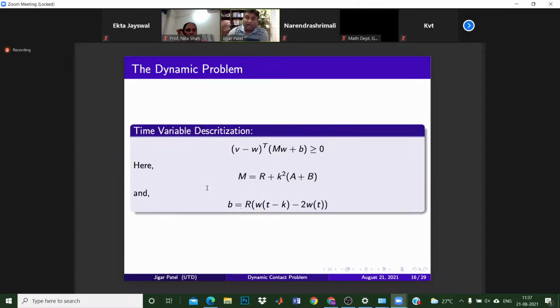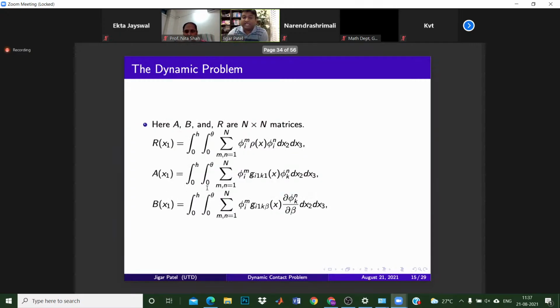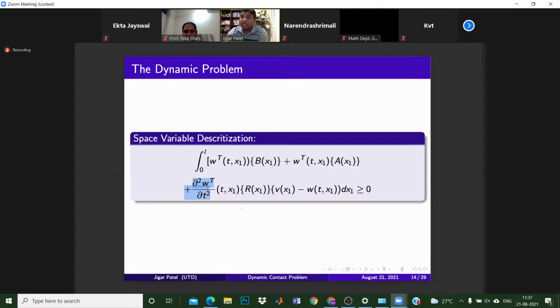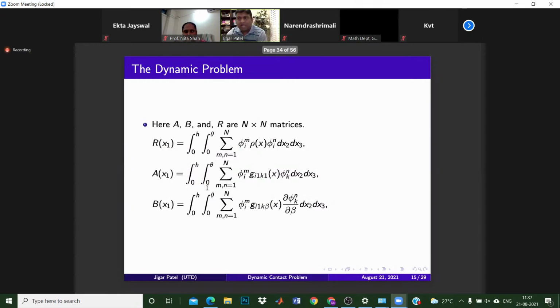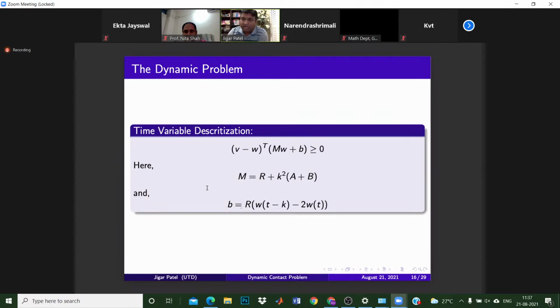If you do that, then the same inequality can be seen in a little better form. And here is that form: V minus W transpose times MW plus B greater than or equal to 0.